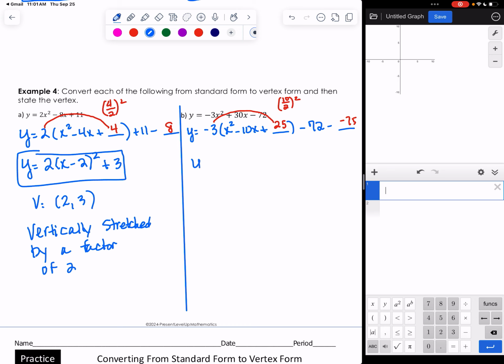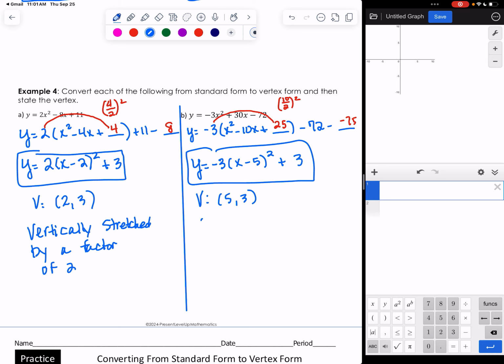All right, so y equals negative 3. Factor your parentheses. That would be x minus 5 parentheses squared. And then negative 72 minus negative 75 would be positive 3. So there's your vertex form. So here my vertex is going to be 5, comma 3.